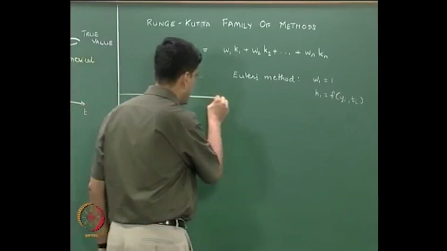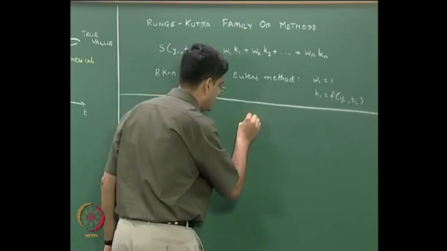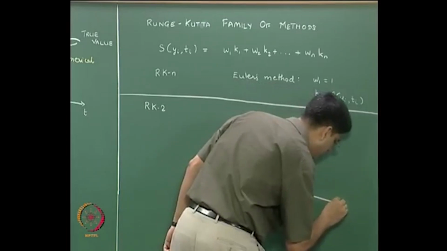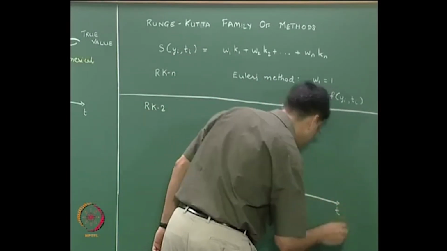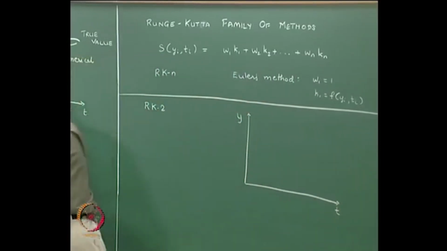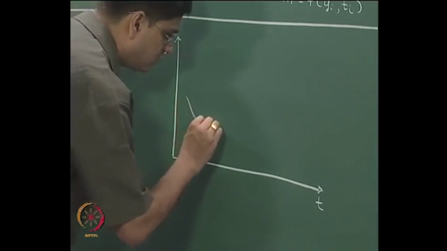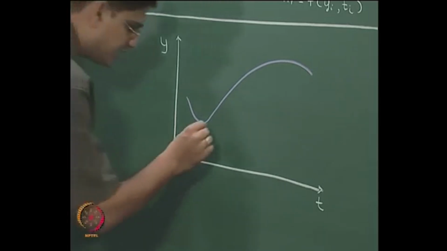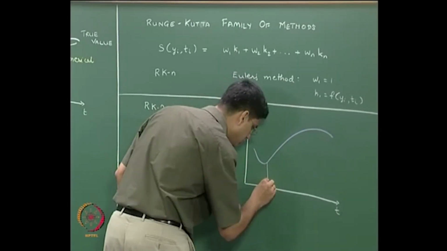That is how we are going to progress in this lecture. Okay. So, now the idea behind the RK2 method, let us look at the geometric interpretation of what the RK2 method is. Again we will draw the true curve, y against t. And this time I will just use a purple chalk. Let us say the curve looks something like this, and let us say the current value is at this particular location.